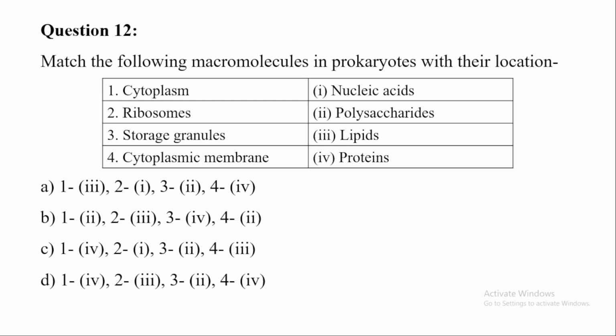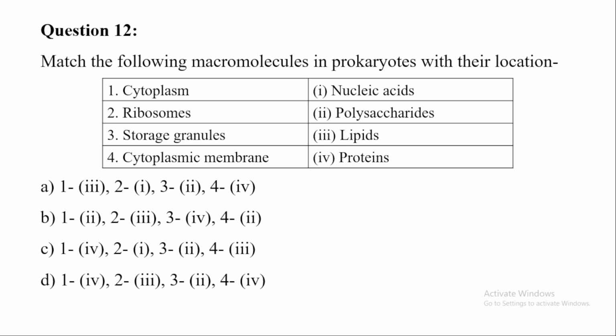Ribosomes contain nucleic acids inside them. Then storage granules. What do storage granules have? I think polysaccharide. Yes, polysaccharides are present in the storage granules, and then cytoplasmic membranes.